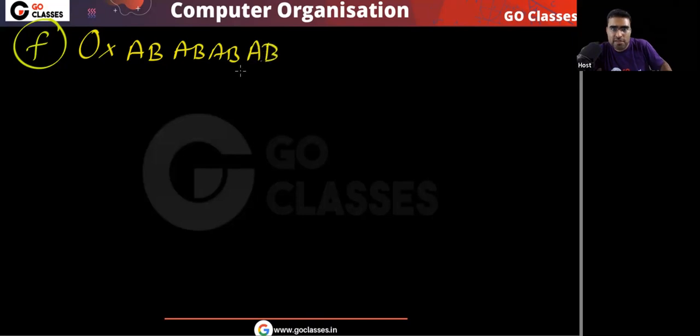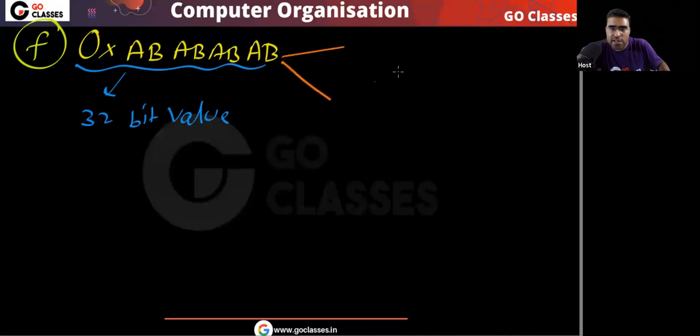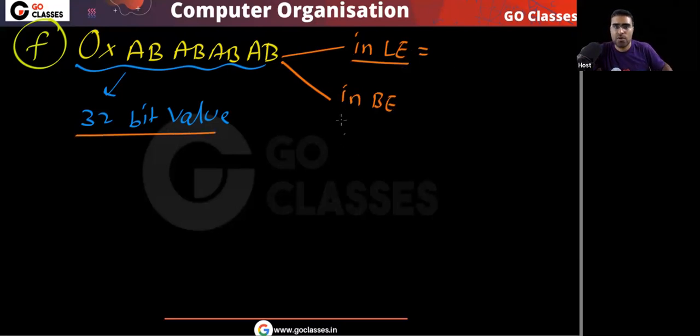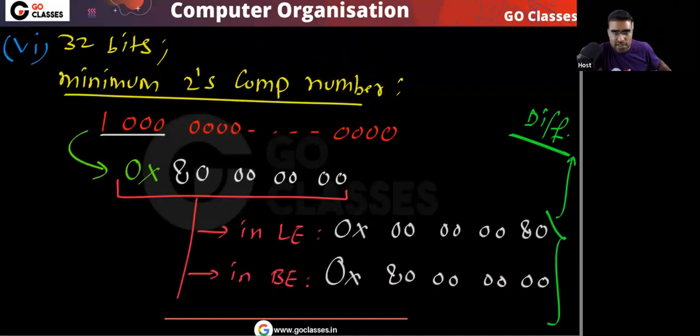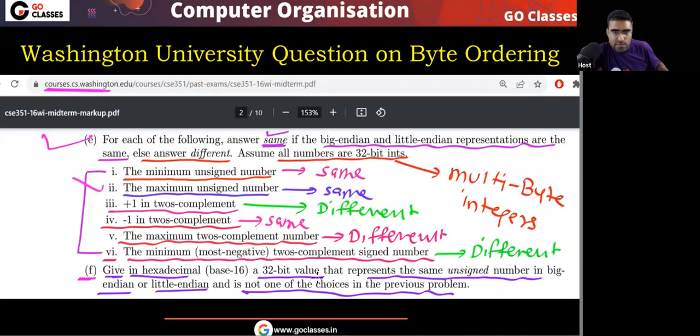Now you can see that this number is a 32-bit value, first of all. And in the big endian and in the little endian, it will represent the same unsigned number, right? Yes or no? Read the question: give in hexadecimal a 32-bit value that represents the same unsigned number in big endian and little endian.